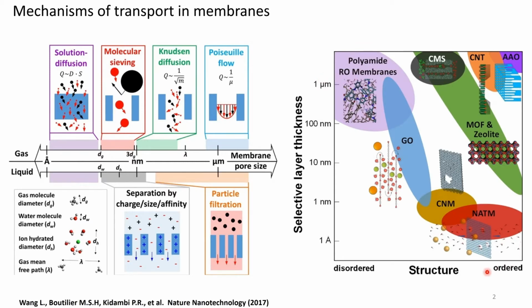What I'm going to talk to you about today is nanoporous atomically thin membranes, where the structure is extremely ordered in the sense that you only have one atomic layer and you're then making nanopores in this single atomic layer to enable separation. In other words, we're going to talk about length scales in the angstrom in terms of selective layer thickness and an extremely ordered structure.